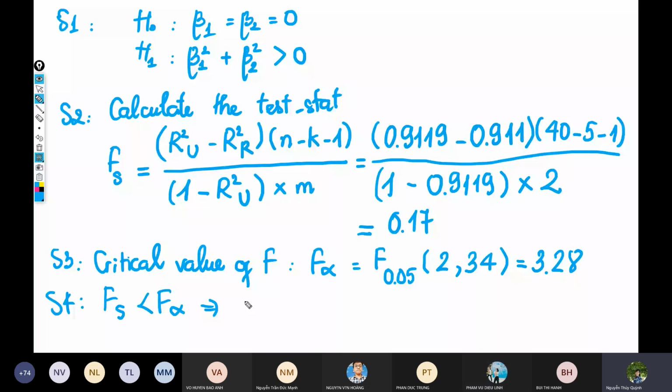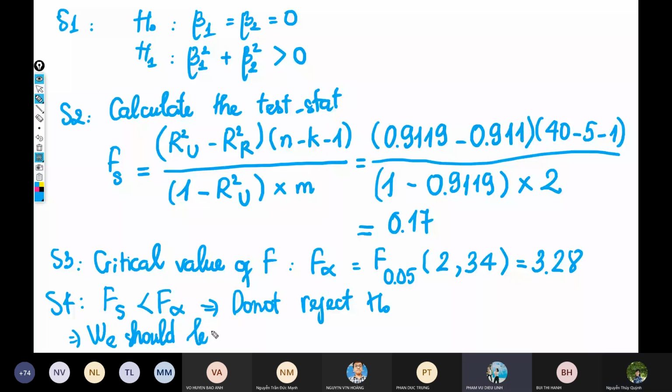Then our conclusion here is that we should leave, or omit, the two variables out at 5% level of significance.